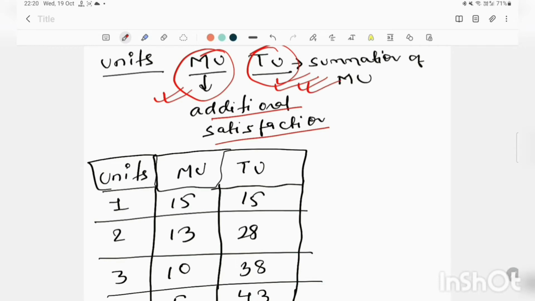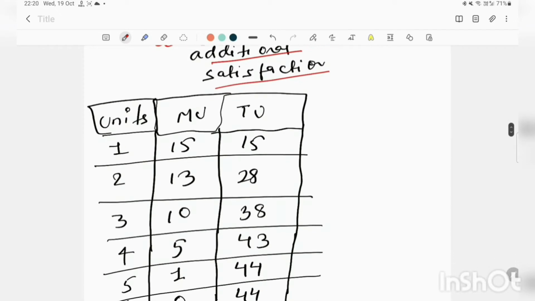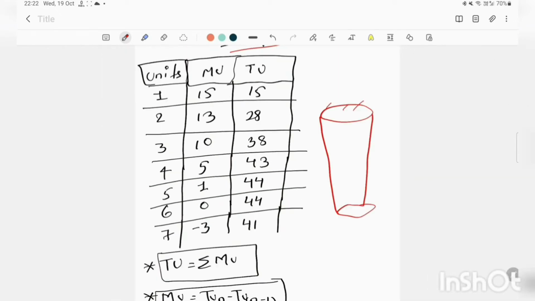Now we can understand it from the graph and the table as well. Suppose we are very thirsty and we need to drink a glass of water. When we take the first glass of water, we get the maximum satisfaction from the very first glass of water, that is 15 utils. Marginal utility as well as total utility is also 15. With each extra unit of glass of water, our marginal utility gets reduced, and it keeps reducing.